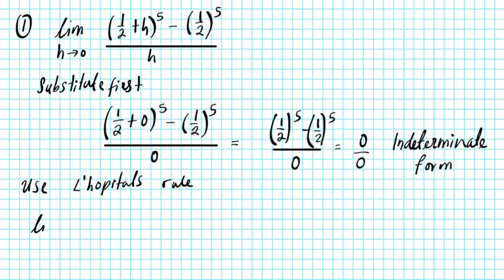Alright, so we have the limit as h approaches 0. We have 1 over 2 plus h raised to the fifth power minus 1/2 raised to the fifth power.